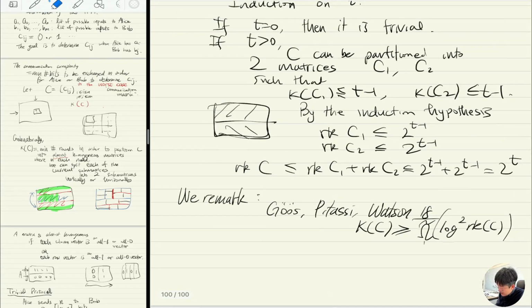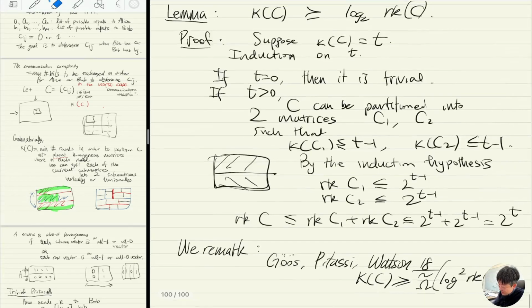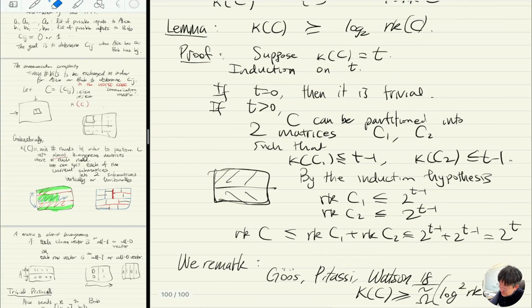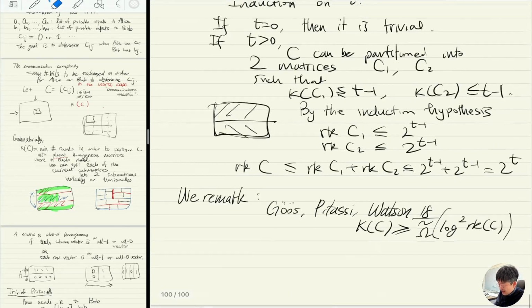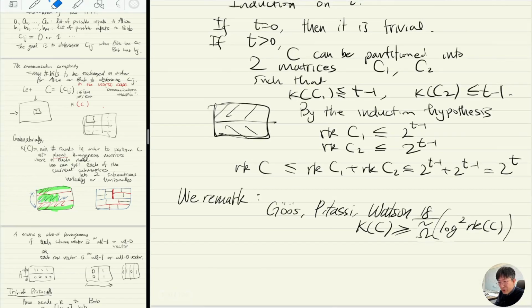They usually put the omega with a tilde, which means that some polynomial of log rank is also hidden here. So the simple proof gives log of rank, but they proved that log squared of rank is also a lower bound.